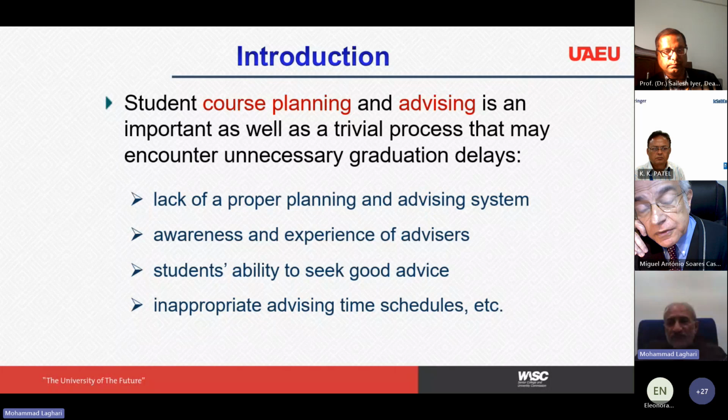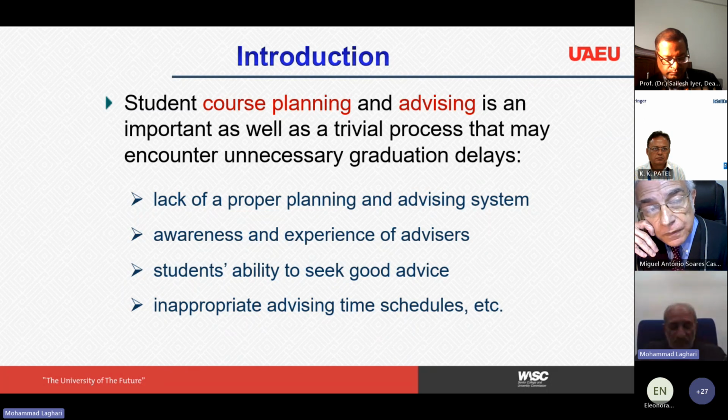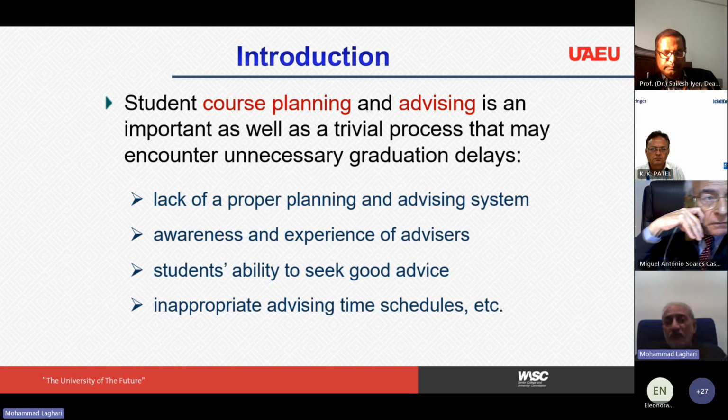Once they come here, a lot of instruction is in English, as we are an English-speaking university. Nobody is allowed to speak Arabic in teaching and explaining things to the students. So they miss the guidelines of how to register.